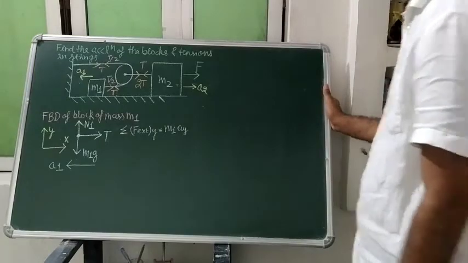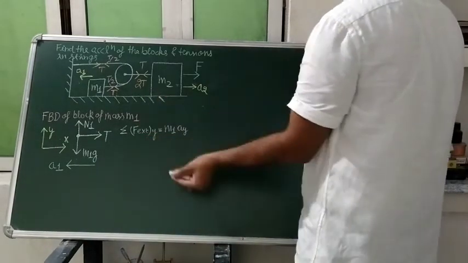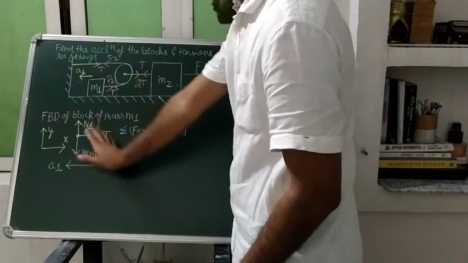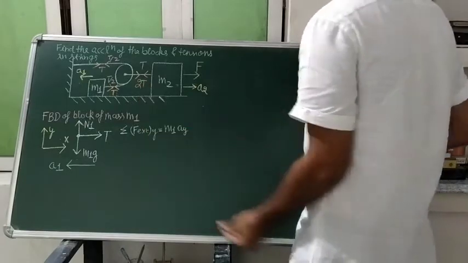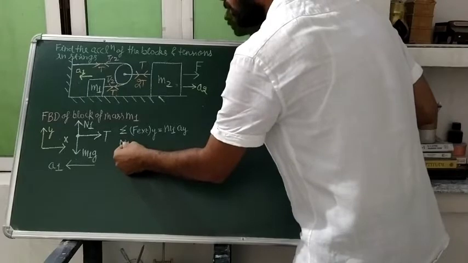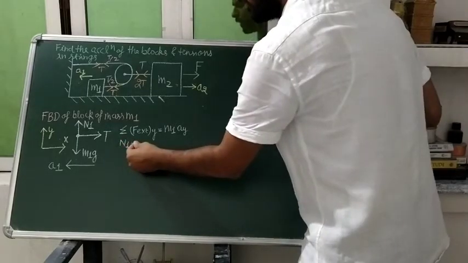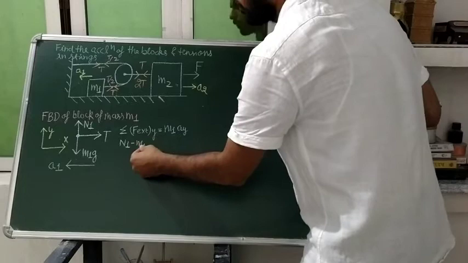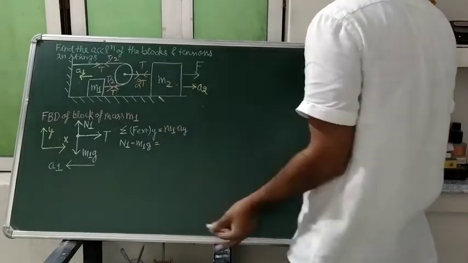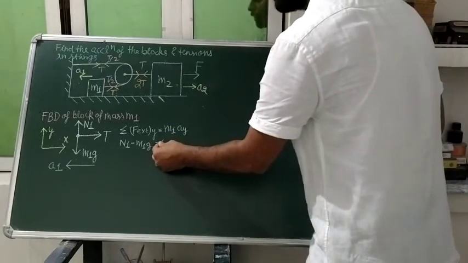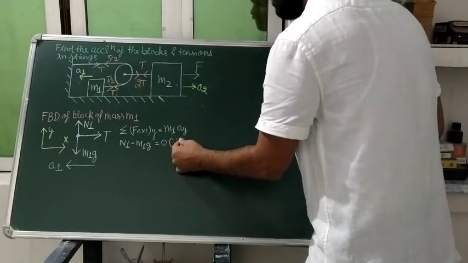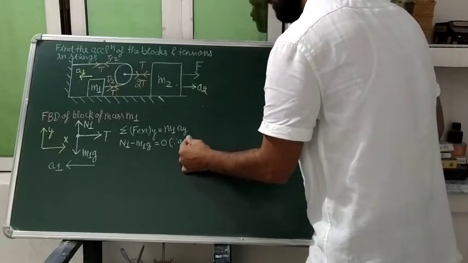The external forces in the y direction are N1 and m1g. N1 is assumed positive, so this gives N1 minus m1g equals m1 times ay. Since there is no acceleration in the y direction, ay is equal to 0.